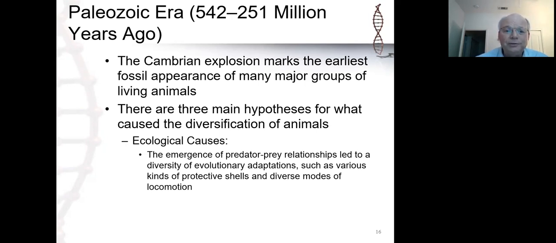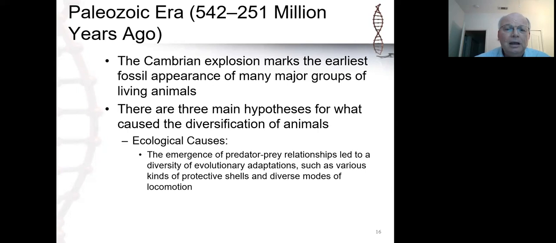But when we look at the fossils, those fossils don't look like any representatives of the phyla that we see today that we would recognize. These animals have very different forms, and it's taken a while to recognize that these actually do represent the modern phyla. And that's why there was a lot of thinking involved in trying to decide exactly what the Cambrian explosion represents.